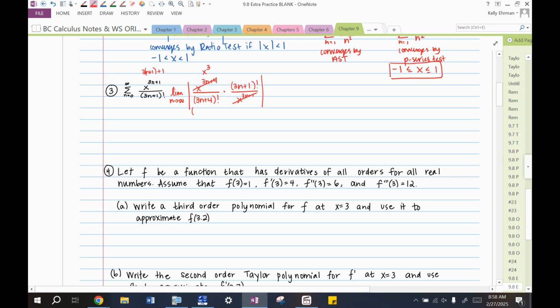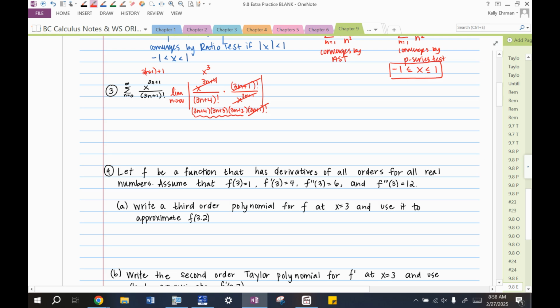And for the factorials, remember (3n plus 4) factorial is (3n plus 4) times (3n plus 3) times (3n plus 2) times (3n plus 1) factorial. So that (3n plus 1) factorial will cancel with that one, but we will be left with all of these terms. So we have x cubed over this like 27n to the third.